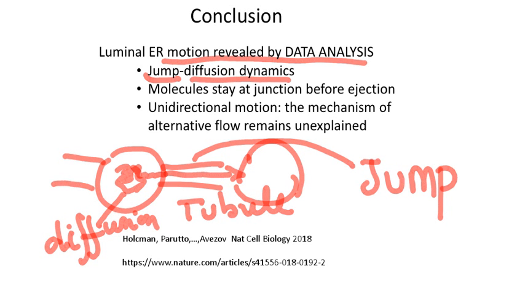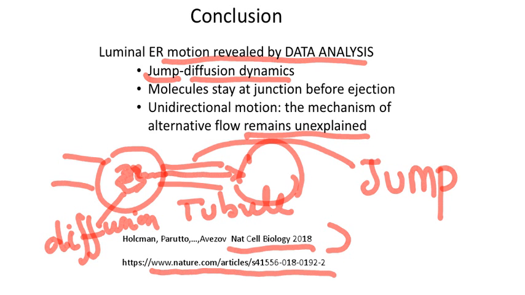The unidirectional motion, the mechanism by which the flow can alternate, remains completely unexplained to this day. For this second part, I refer to the following paper that we published in 2018, which can be found at the following address.